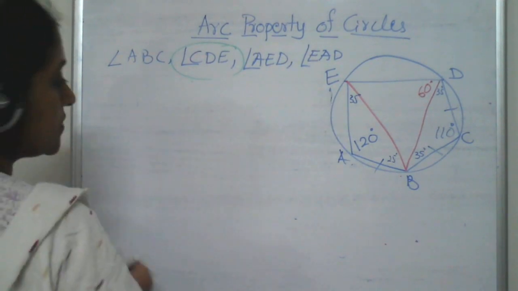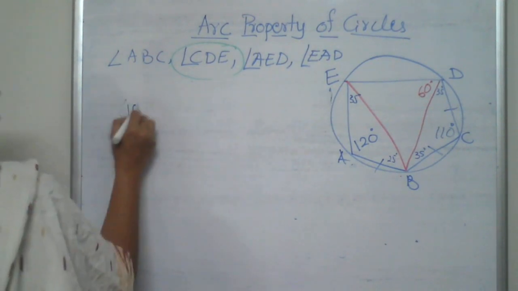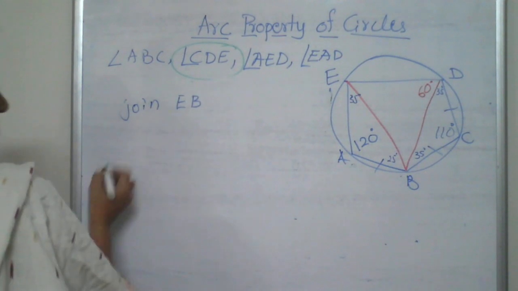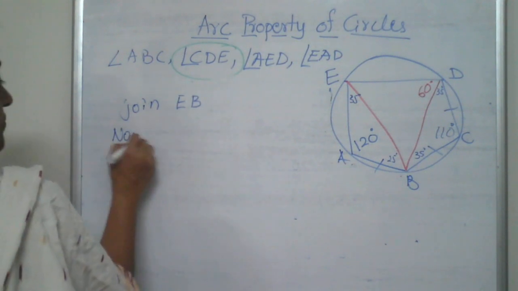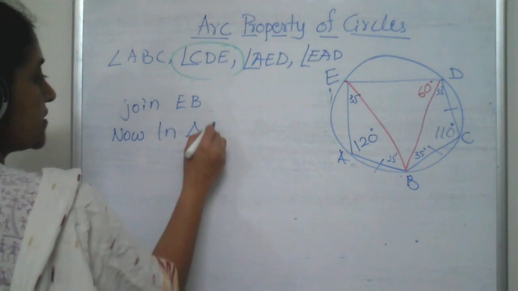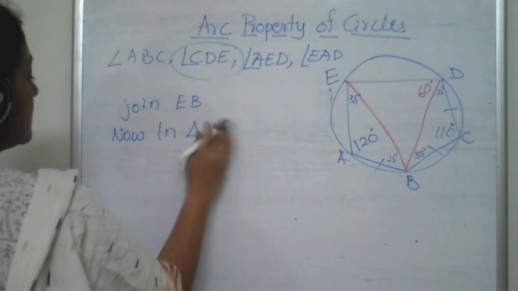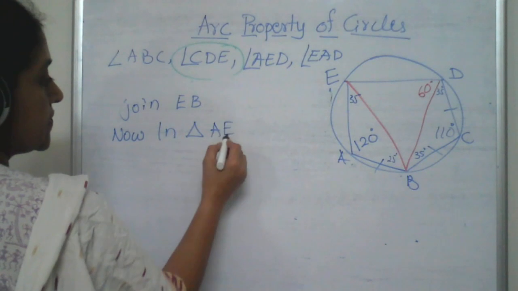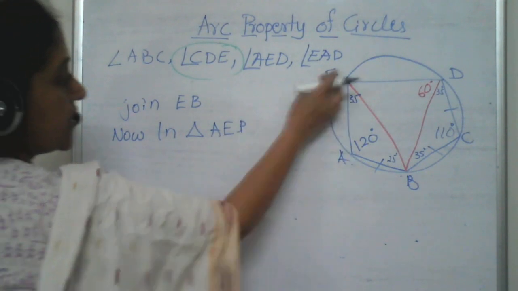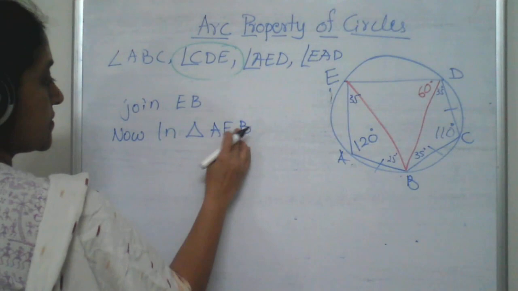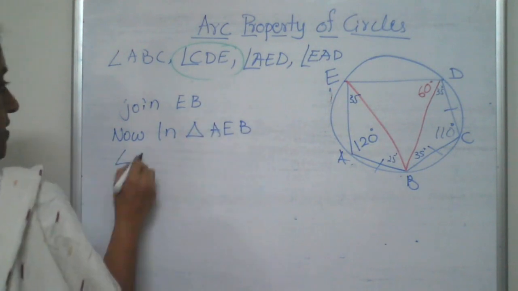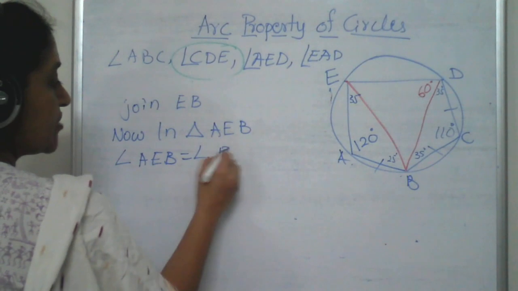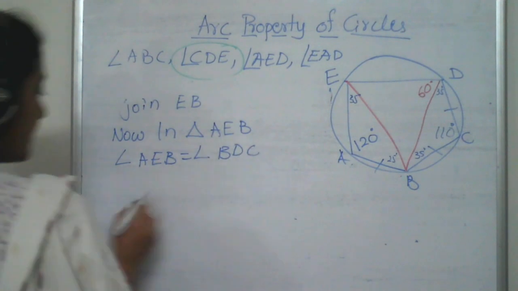Okay, here in this part, join EB. Now in triangle AEB, this one AEB, angle AEB is equal to angle BDC.